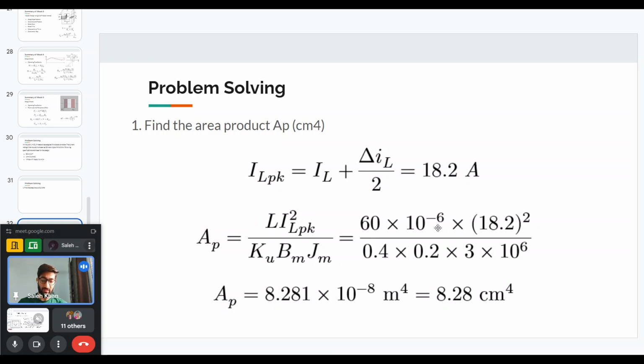So L is 60 micro, which is 10 to the power minus 6. Ku is 0.4, Bm is 0.2 Tesla, which is already in SI units, but Jm was given as 3 ampere per mm square.